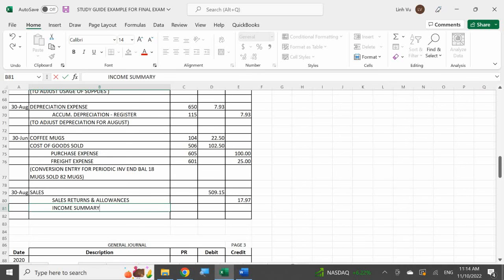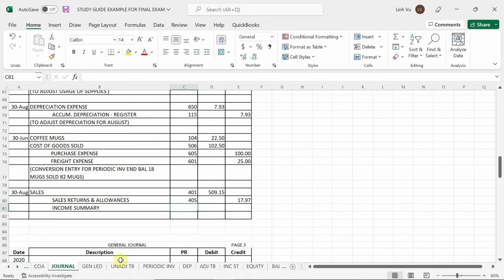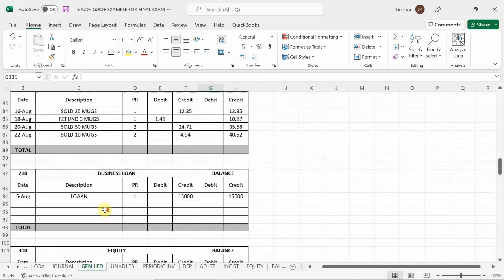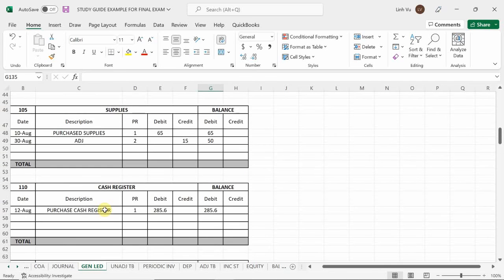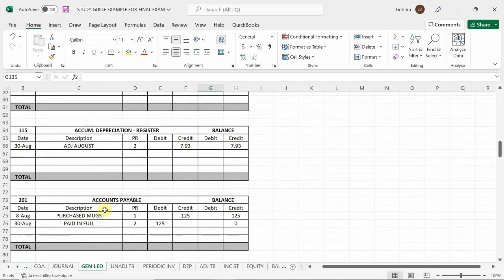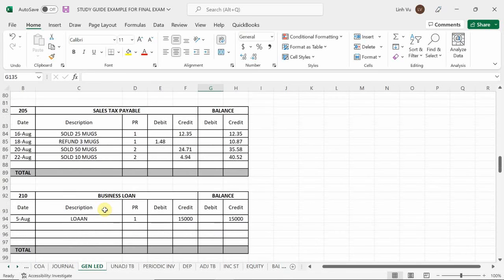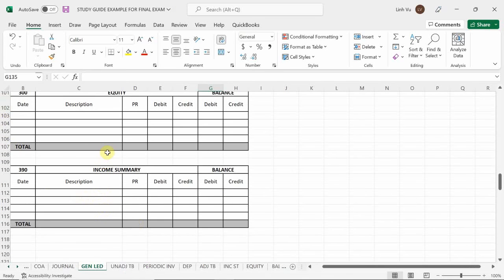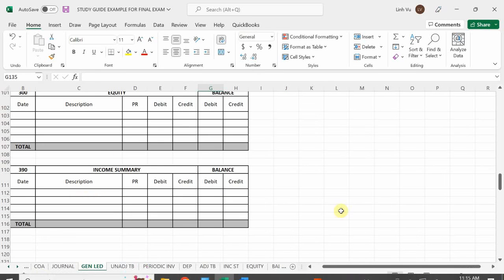Now, what amount am I going to put into my income summary? Okay, sorry, I'm looking for my income summary. So what amount am I going to put into my income summary?